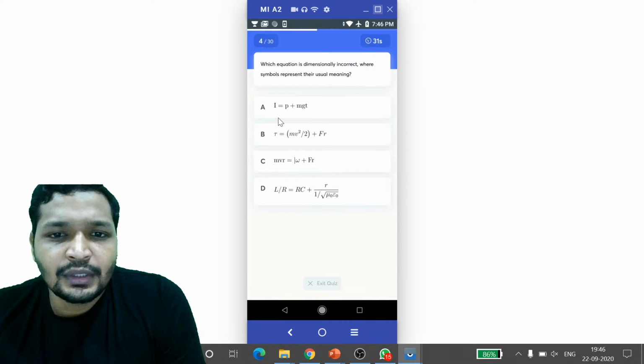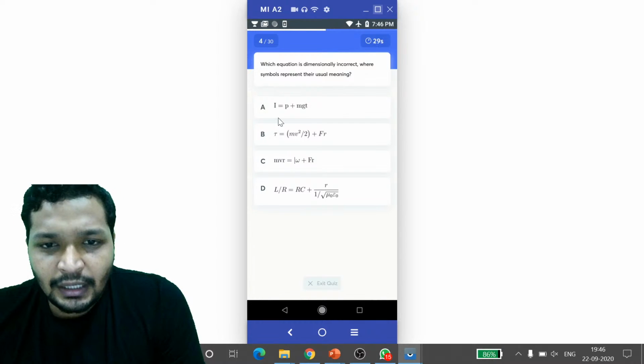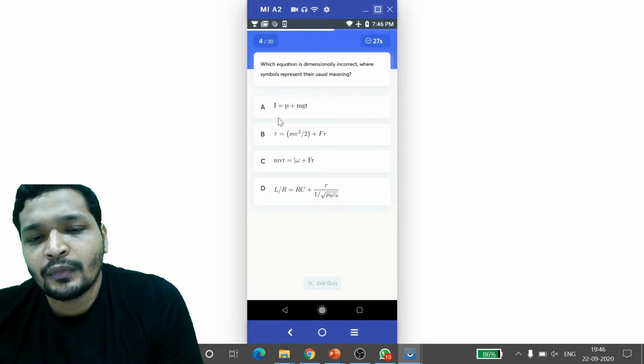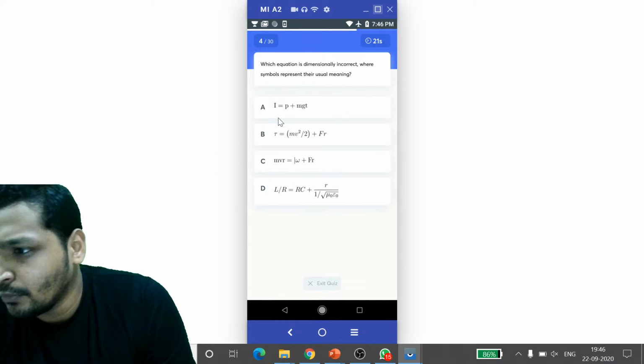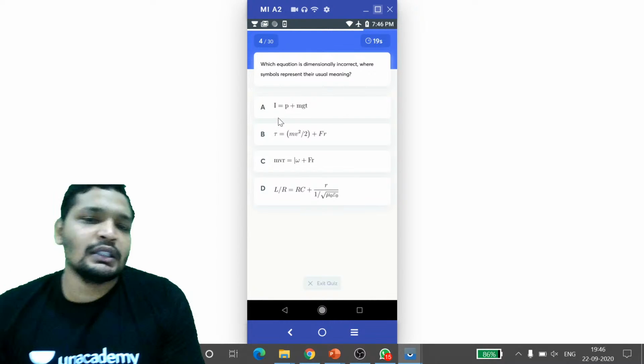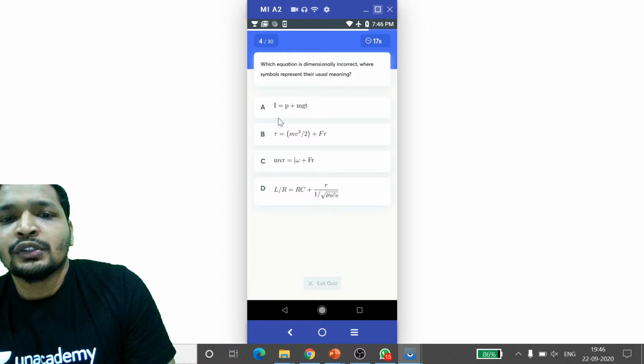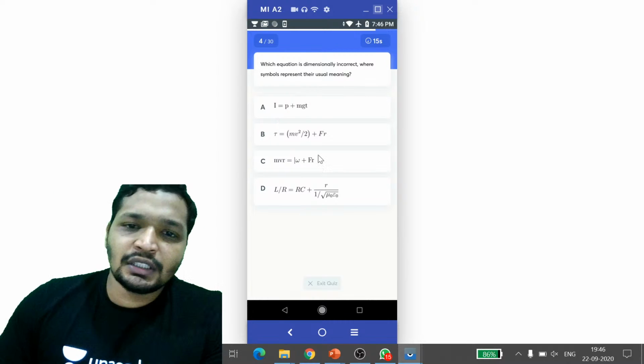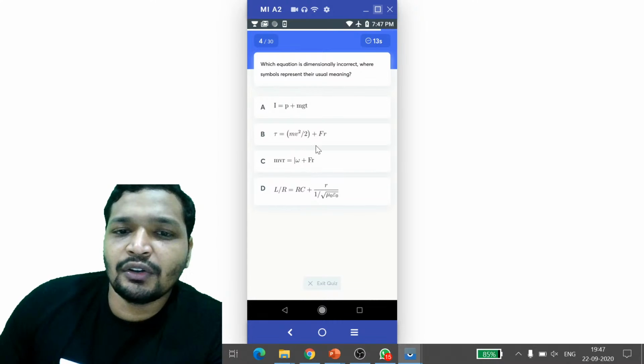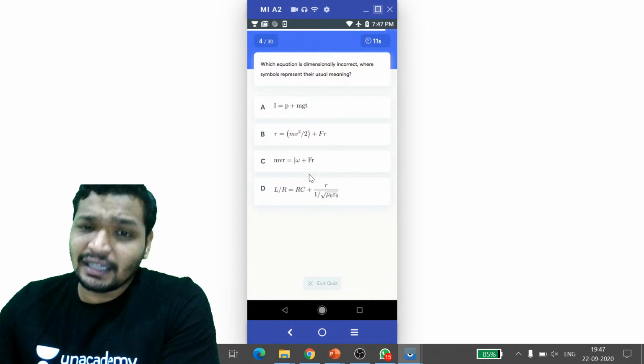Think about it, students. Think about it carefully. How do you judge if this equation is dimensionally correct or dimensionally incorrect?